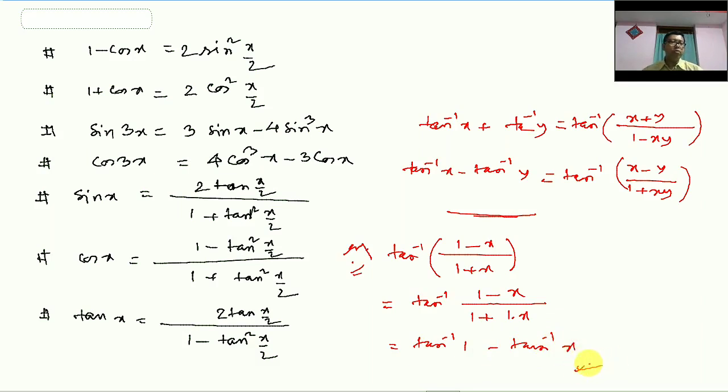Now we want to do some problems that will help you to understand these formulae properly, or where to apply these formulae. First problem I want to take, this problem is interesting. y is equal to sine of 1 plus x square upon 1 minus x square.